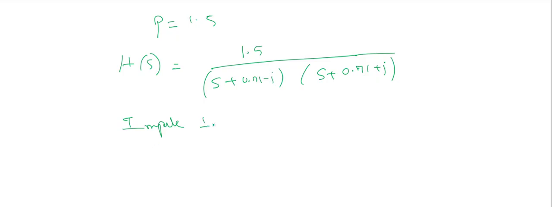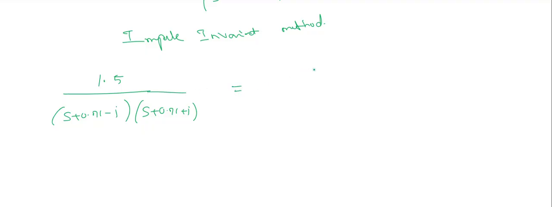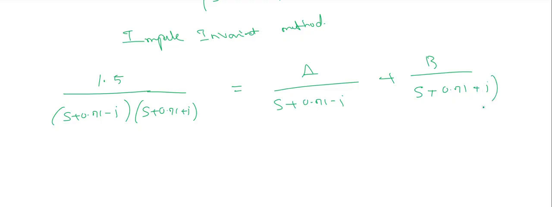Now with the impulse invariant method, H of s equals A by s plus 0.71 minus j plus B by s plus 0.71 plus j.